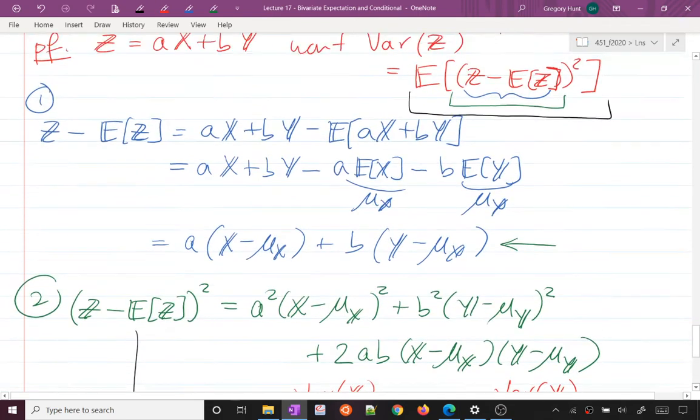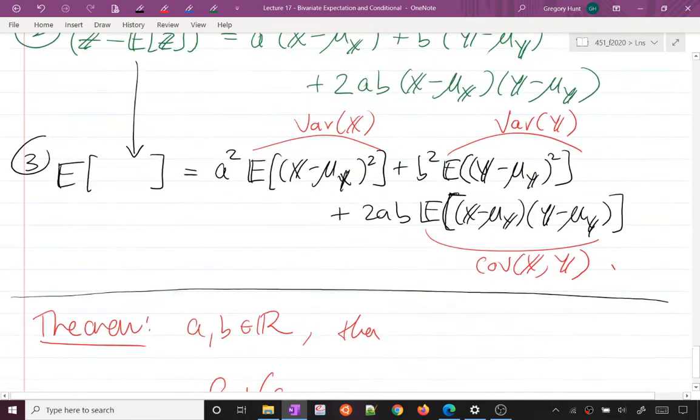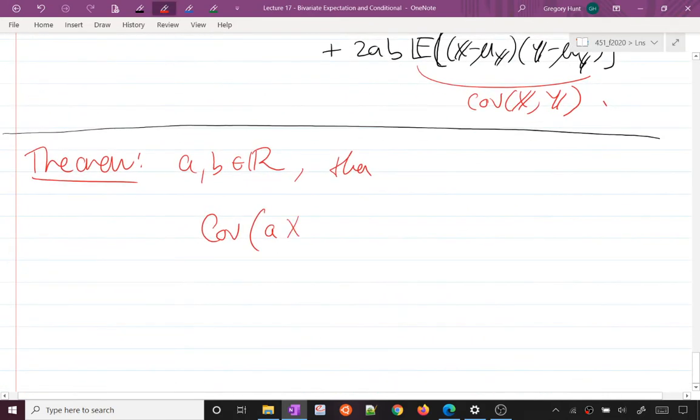We wrote ax plus b. So let's write it like this. Let's say ax plus b and y, okay? So a linear transformation. There's a theorem that says covariance is basically what we call bilinear in some ways. It behaves almost as a bilinear function. We can basically pull out the a here and look at the covariance of x and y.